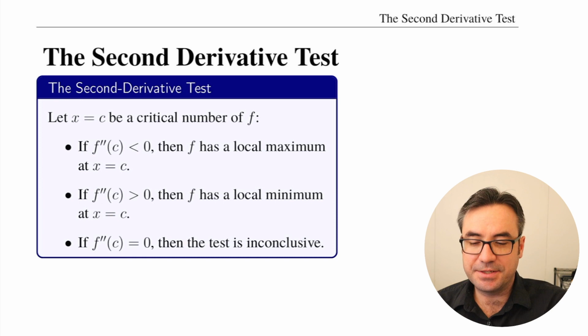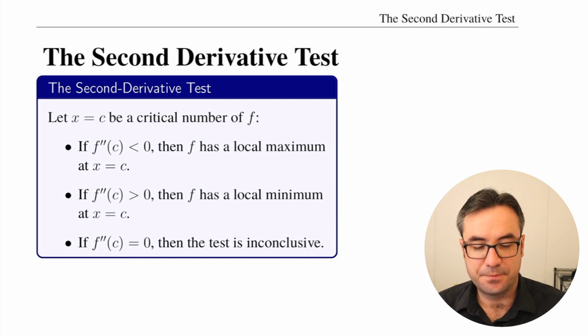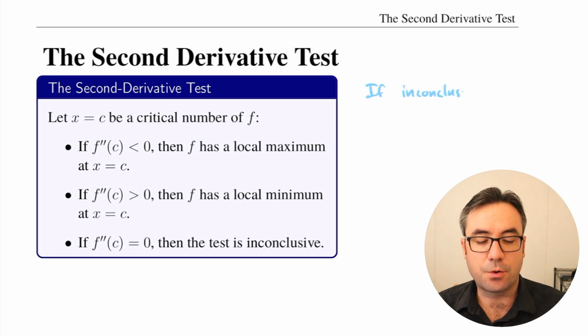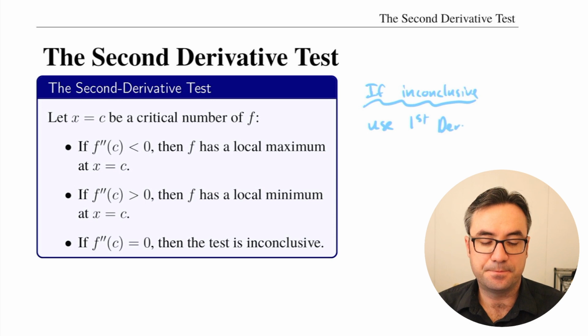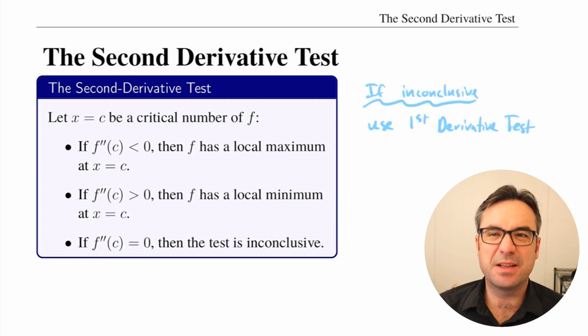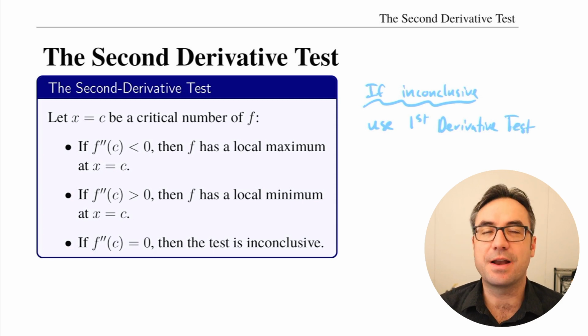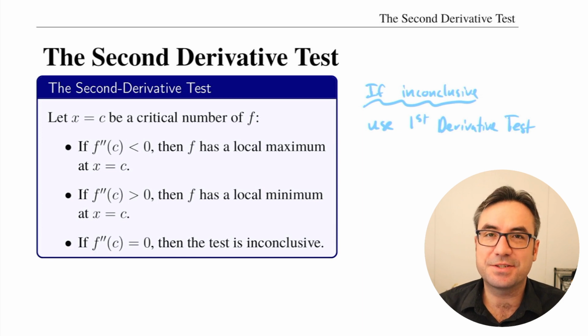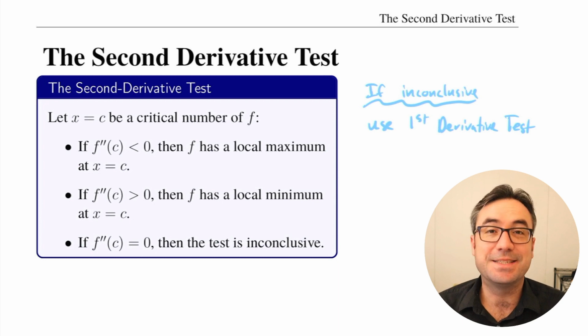For the case of inconclusive, it's not the end of the story. What we would do is use the first derivative test instead. The first derivative test always works for us, but it tends to be a little bit longer because we have to do the sign chart and everything. The second derivative test is a little bit quicker, but sometimes we run into this where it's inconclusive.